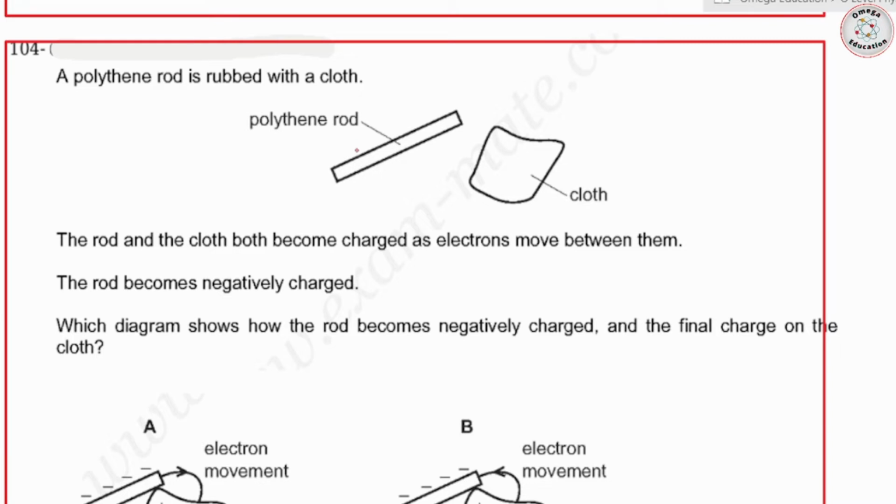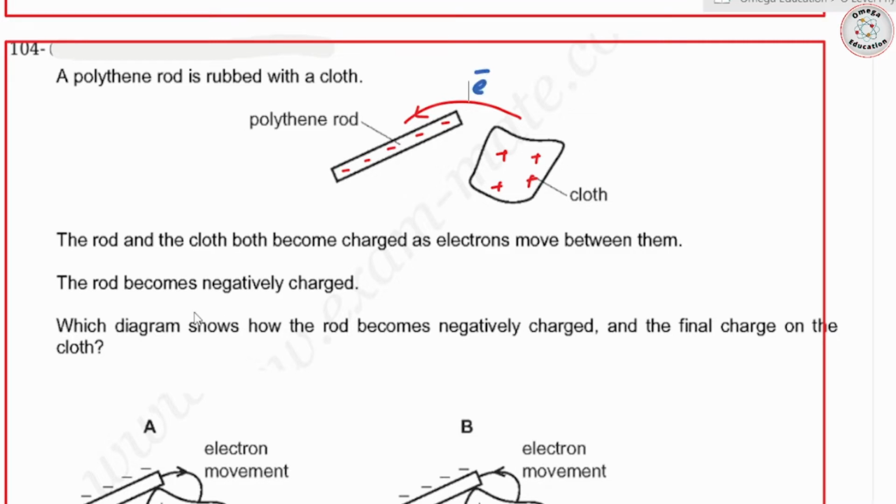So negative charge appears on the rod and hence positive charge would appear on the cloth. That implies that once you have rubbed them, electrons from the cloth would have moved towards the polythene rod. Only then can you have negative charge on the rod and positive on the cloth. So that has to be the movement of electrons once you rub these two objects.